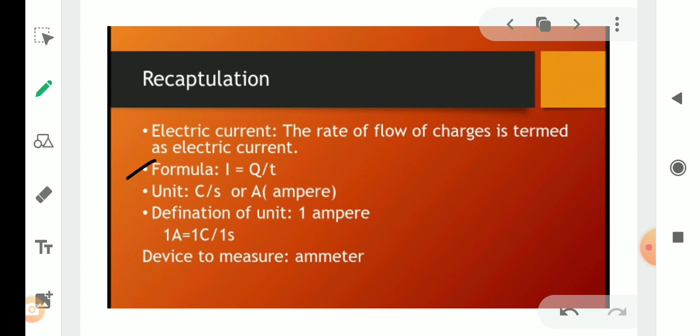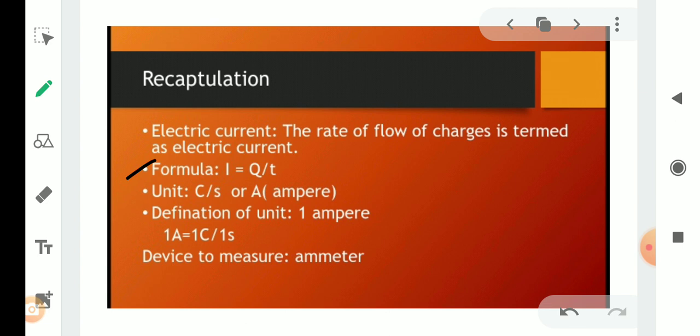Therefore, the unit of electric current is coulomb per second, or it is also called as ampere and denoted by the capital symbol A. So, what is the SI unit of electric current? It is coulomb per second, or it is also called as ampere.